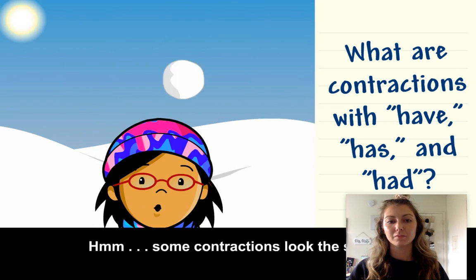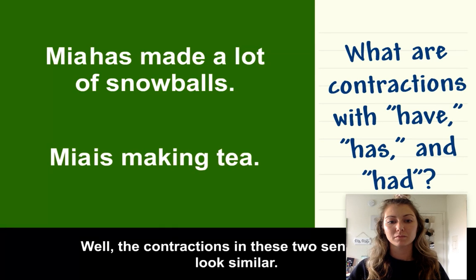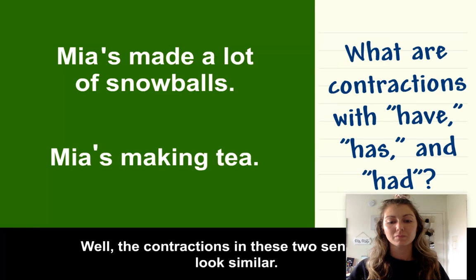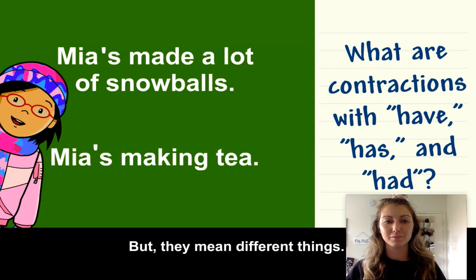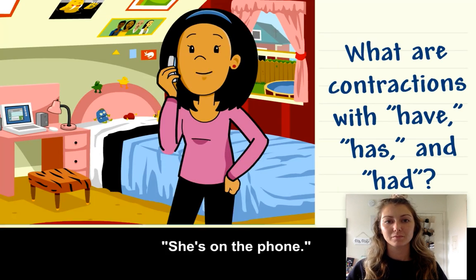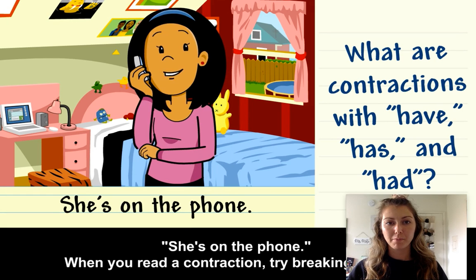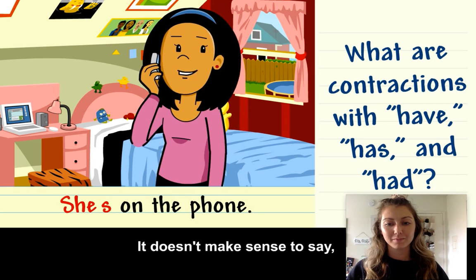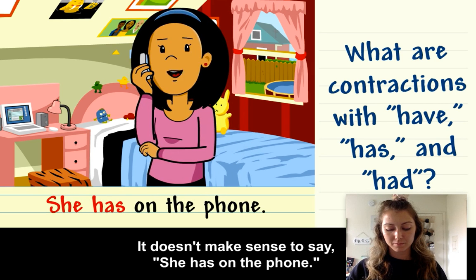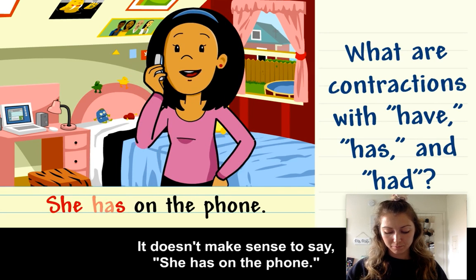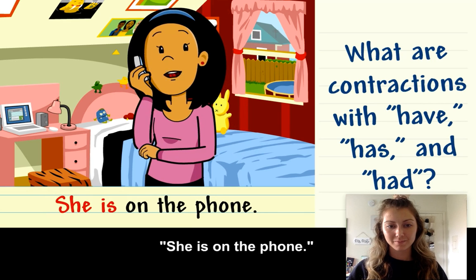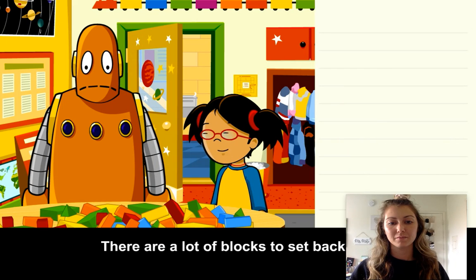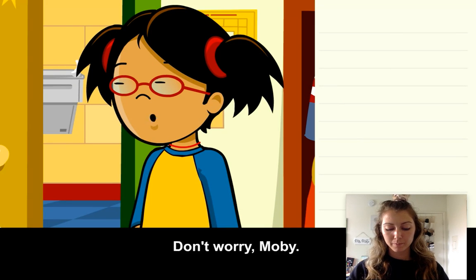Some contractions look the same. The contractions in these two sentences look similar, but they mean different things. She's on the phone. When you read a contraction, try breaking it apart. It doesn't make sense to say, she has on the phone. She is on the phone. There are a lot of blocks to set back up. Don't worry, Moby.